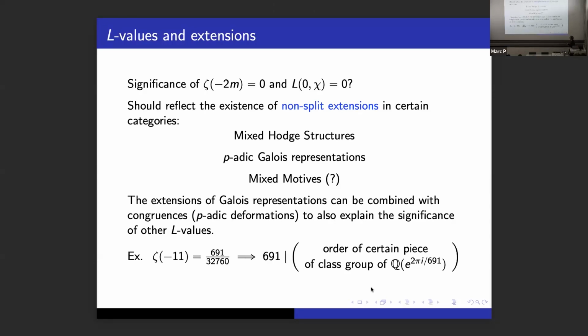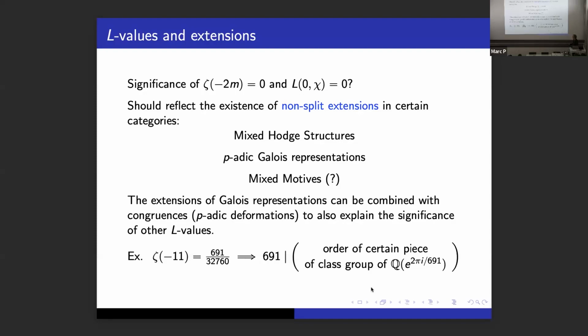And if you're very ambitious, and this is the last time I'll say this word, mixed motives. The extensions of Galois representations have considerable utility and can be combined with congruences. Since we're looking at p-adic Galois representations, we can do congruences mod powers of p, and ultimately take the extensions that we get from vanishing and use them to explain some of the other values.